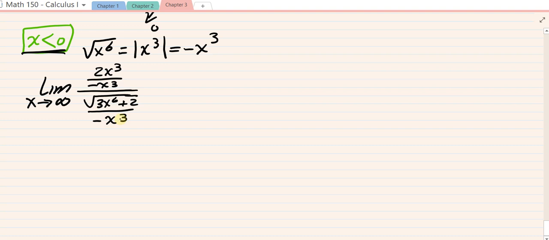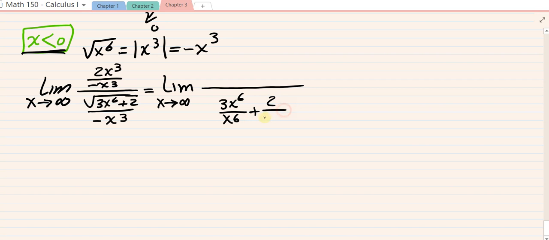Now, when we push that negative x cubed in the denominator inside the radical, we're going to have to write it as root x to the 6. So this is going to be 3x to the 6 divided by x to the 6 plus 2 over x to the 6. And in the numerator, we have negative 2.